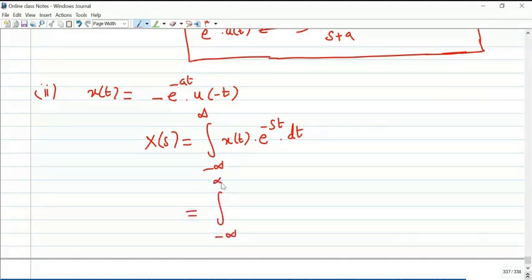Minus infinite to infinite, minus e power minus at u of minus t. u of minus t is valid from where to where? What is the sketch for u of minus t?